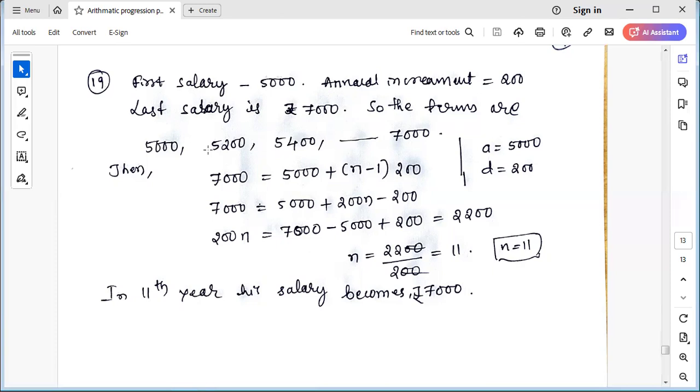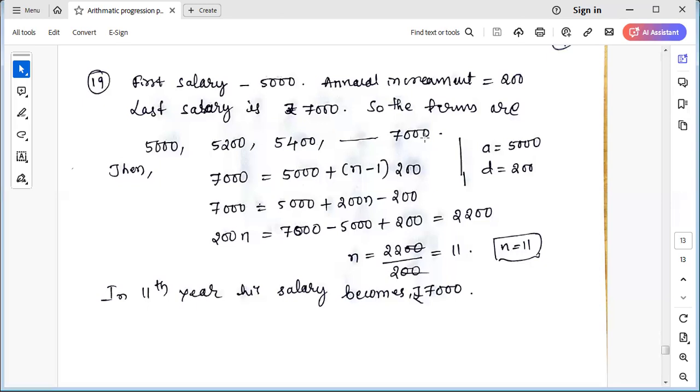Next means this is his salary after the end of the first year. Once 1 year is reached, an increment of 200 is added to this 5,000. So it becomes 5,200 at the end of the first year. At the end of the second year, another 200 is added, so it becomes 5,400. In this way it goes on.